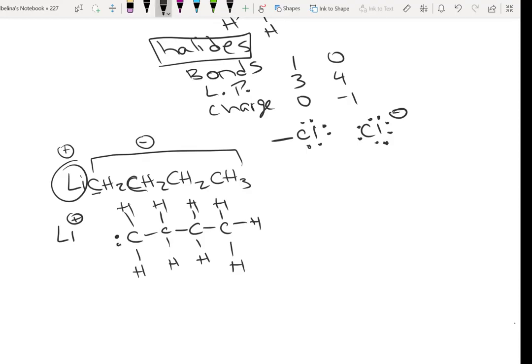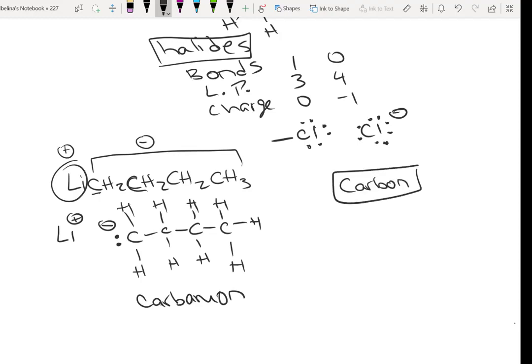There's actually a lone pair on the carbon. This is what we call a carbanion, because there is a formal charge of -1 on carbon. If you're going to memorize only one, memorize the carbon: 4 bonds, 0 lone pairs, charge of 0.